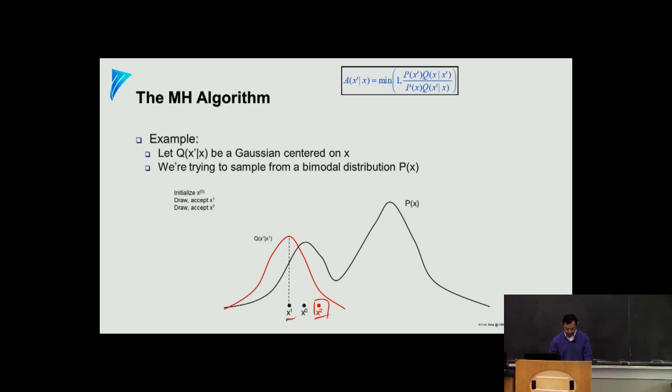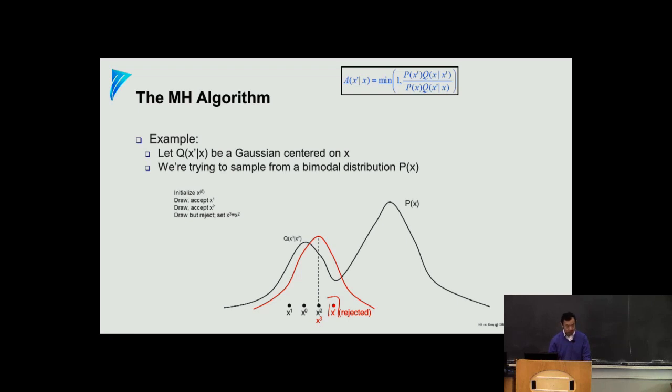And then you draw x2, which we have here. By putting x1 and x2 in, you can compute the ratio, and it was determined to be accepted. Then you have a new distribution q(x3 | x2), where you can draw another sample. In this case, this sample is rejected.